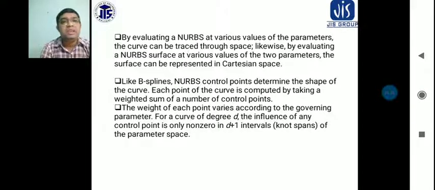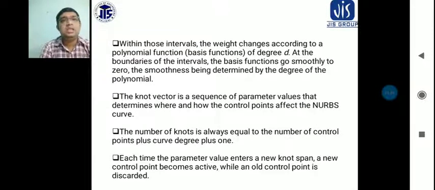For a curve of degree d, the influence of any control point is only non-zero in d plus 1 intervals, or knot spans, of the parameter space. Within these intervals, the weight changes according to a polynomial function, the basis functions of degree d.